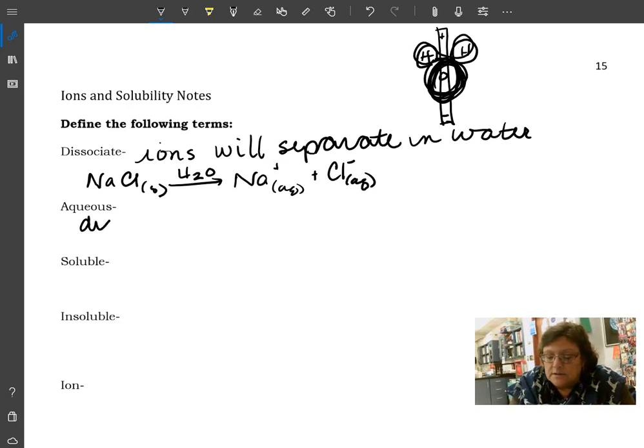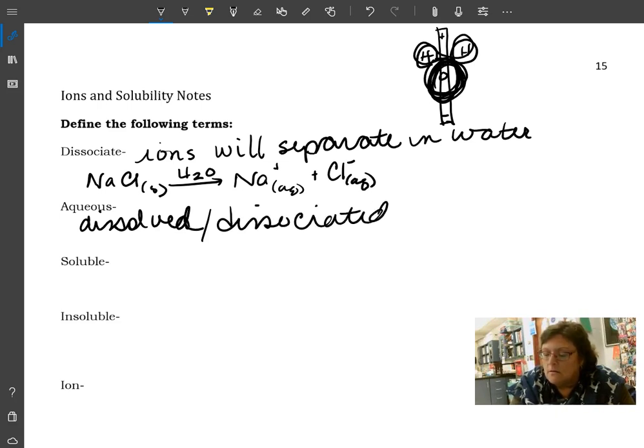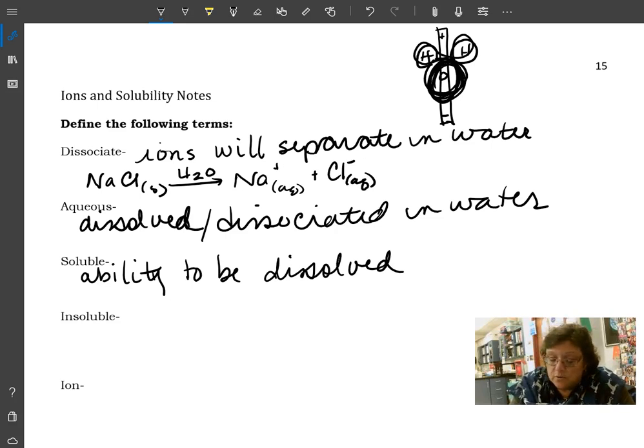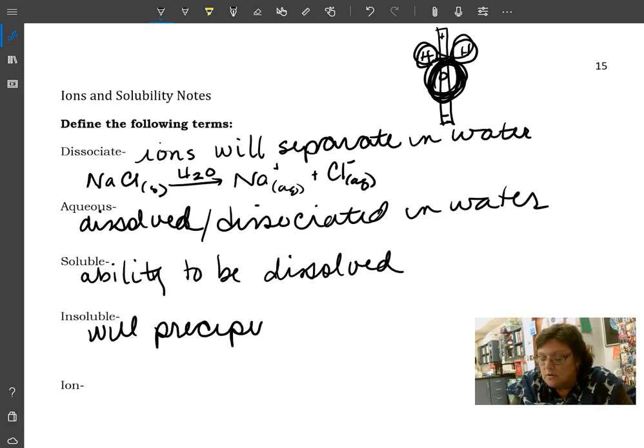Aqueous simply means something is dissolved or dissociated. Something that is soluble has the ability to be dissolved. Something that's insoluble will precipitate when it's put in water.